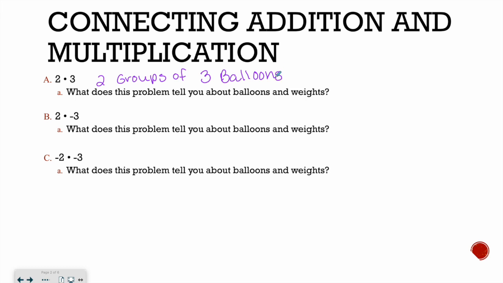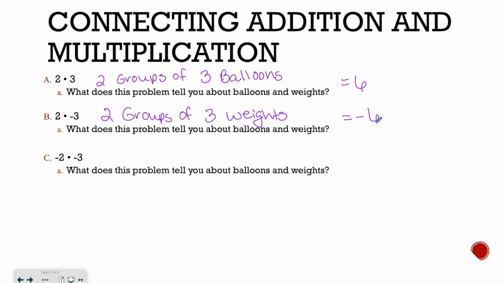And so that was equal to positive 6. 2 times negative 3 meant we had two groups of 3 weights. And so we were left with 6 weights, or negative 6.